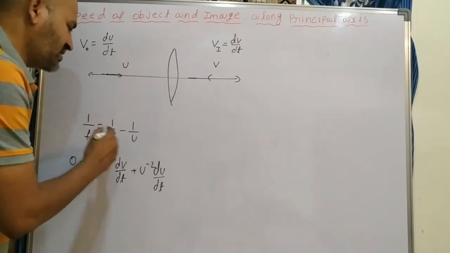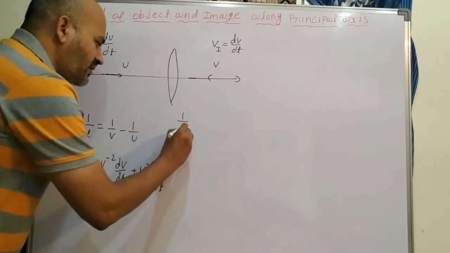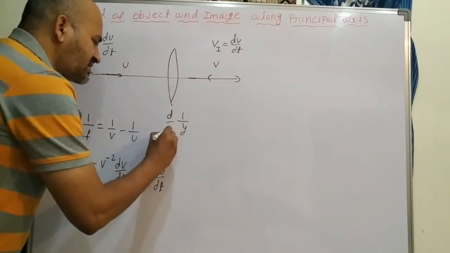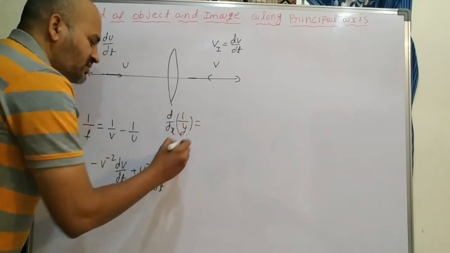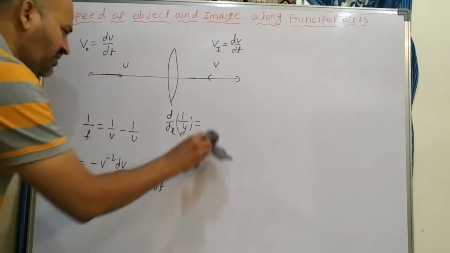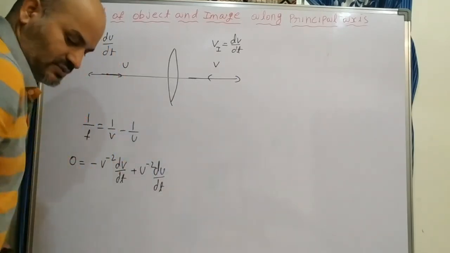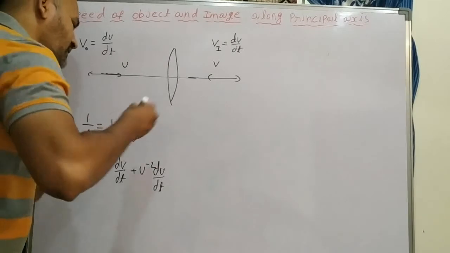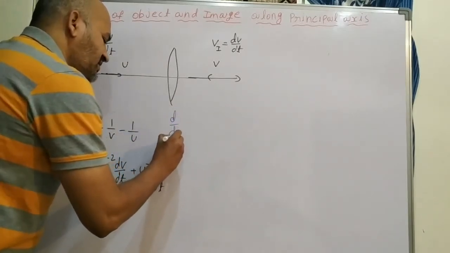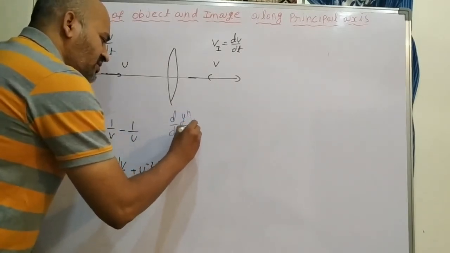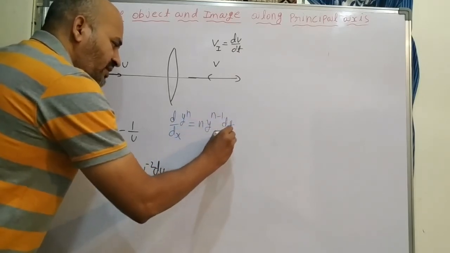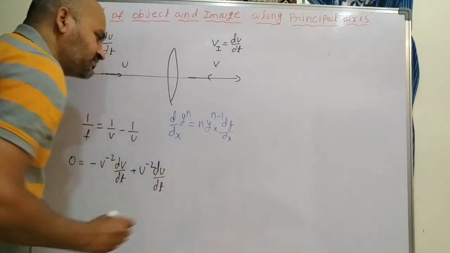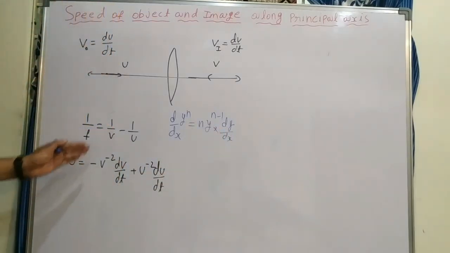Suppose, for example, you can write d by dx of y power n. We can write n into y power n minus 1 into dy by dx using this formula. Here v power minus 1 is there, and you get it like this.